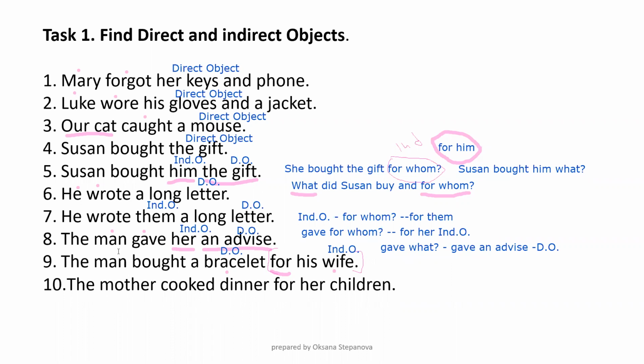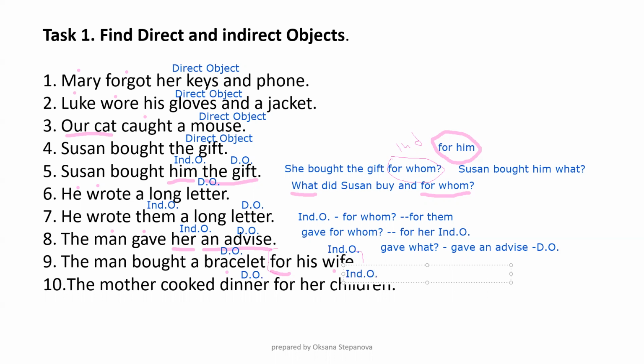Again, here the mother is a subject, cooked is a verb, cooked what? Dinner. So dinner, you already know that this is the direct object. And for whom is indirect, for her children, it's the indirect object.